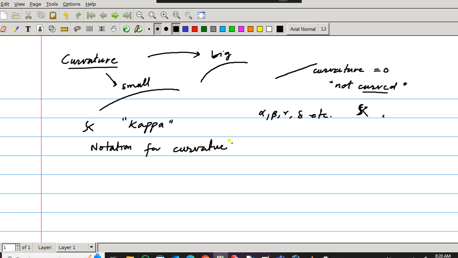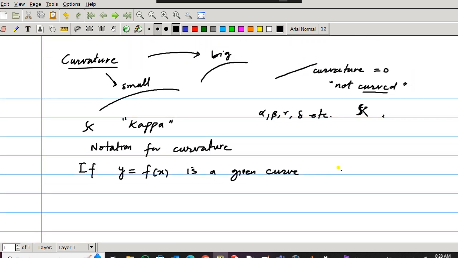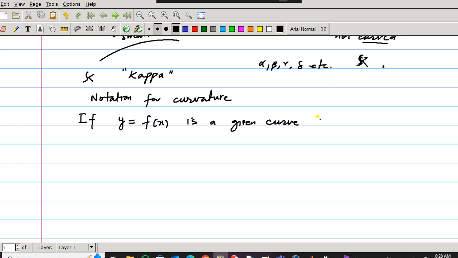And simply, if you have a function y equals f of x, a given curve, at every point I can define curvature, because at different points the curvature will be different. For example, if my curve is like this, then curvature at this point will be very small.